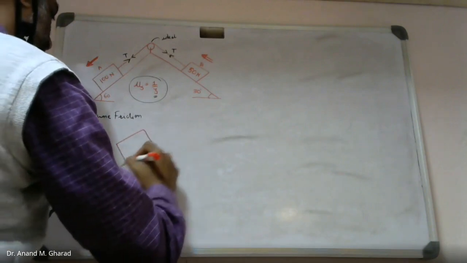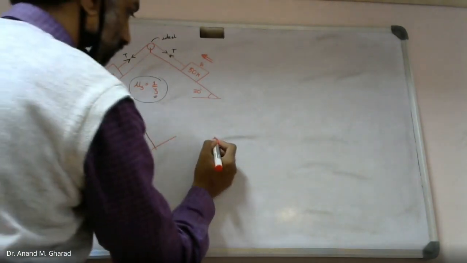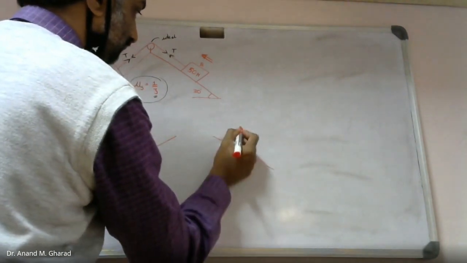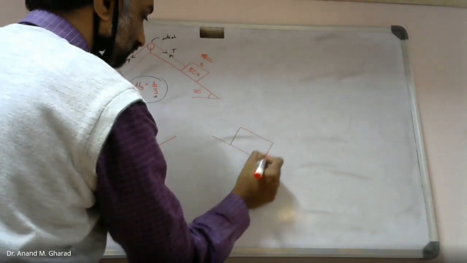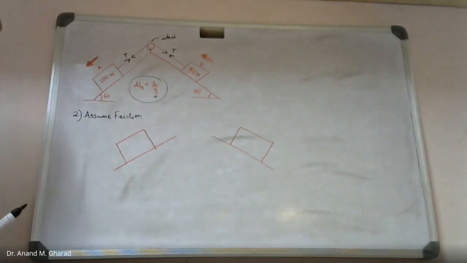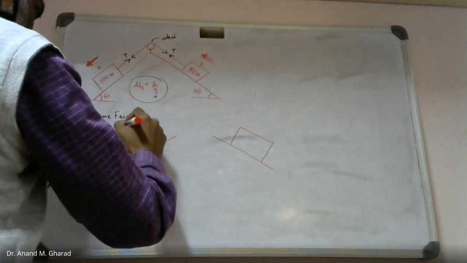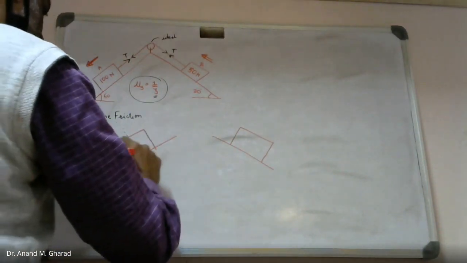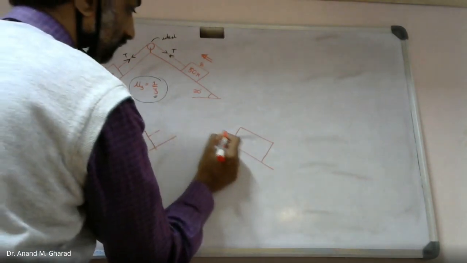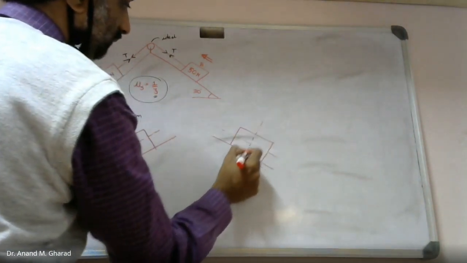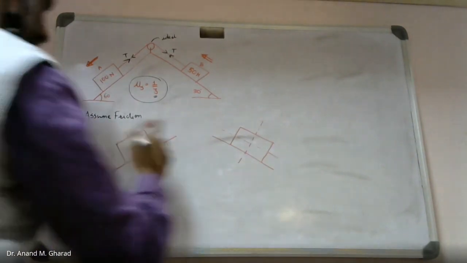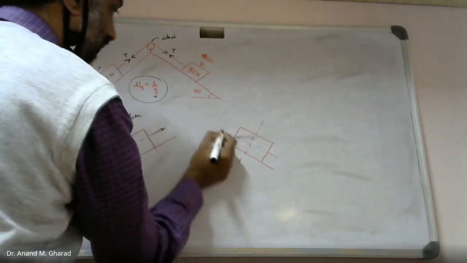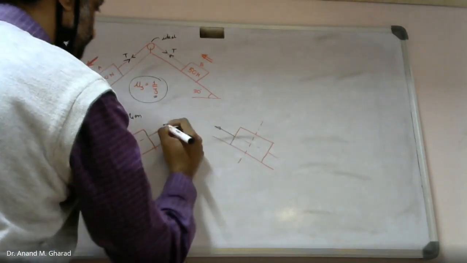For that, you draw the free body diagram for both the blocks, block A and block B as well. Other sign conventions shall remain the same. We will assume this thing only. This is positive, again this is positive.